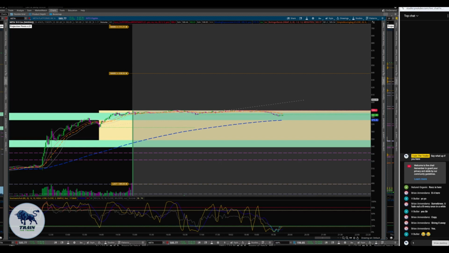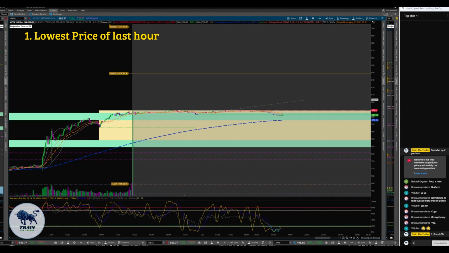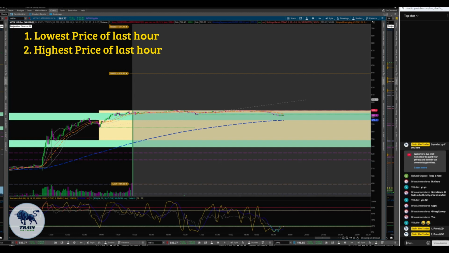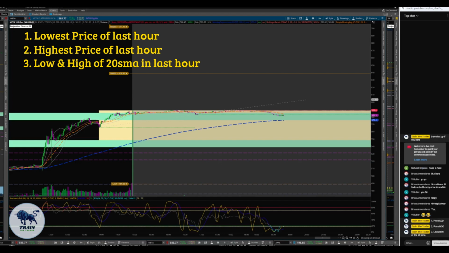5 points of interest. One is the price low of day. Two, price high of day. Then we want to mark the third, which is the low point of the 20 SMA, and that could be the low or high.